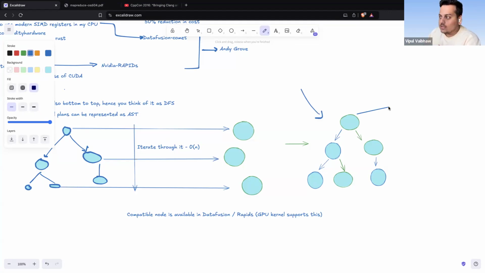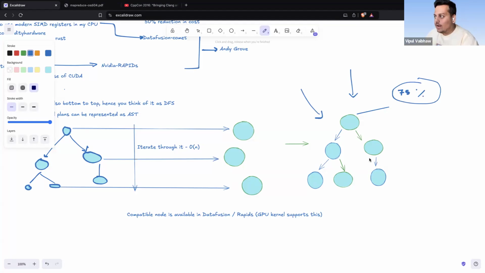So usually what happens is either the whole plan is good enough to be executed in Data Fusion, or the whole plan is not good enough to be executed by the native Data Fusion executor. So it falls back to the native Spark execution. Node by node execution doesn't happen. So let's say there are 75% of the nodes which can be benefited by the acceleration. We will execute the whole plan in Data Fusion.